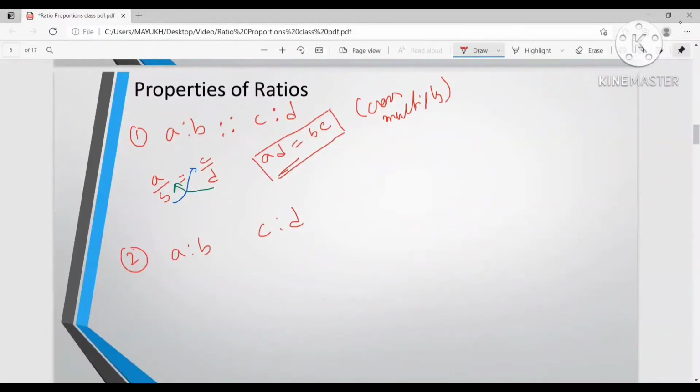For A by B and C by D, we simply multiply A with D, that is AD, and B with C, that is BC.